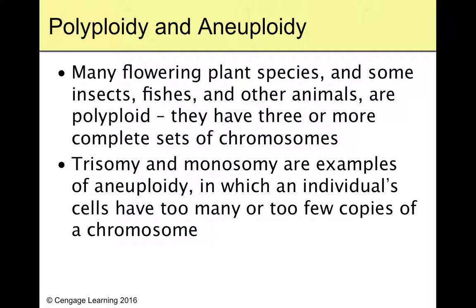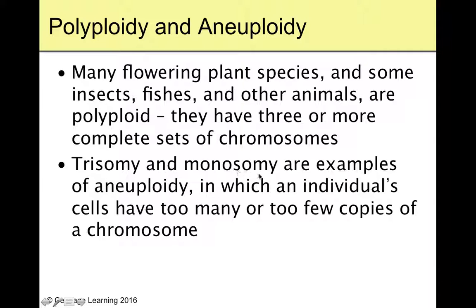That's how you become polyploid. Humans do not tolerate that, not at all. A lot of plants can, but boy, humans, bad news for us. We can barely tolerate aneuploidy without just dying right away.